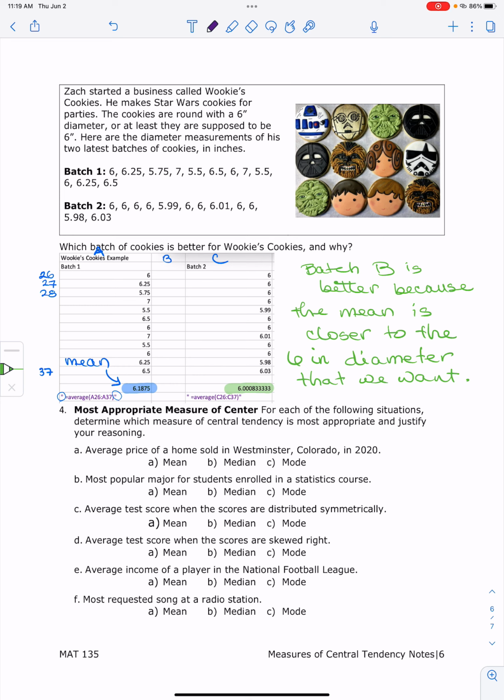So for A, the average price of a home sold in Westminster, Colorado, if you are looking at that information, you'll see that typically the median is used. Okay?